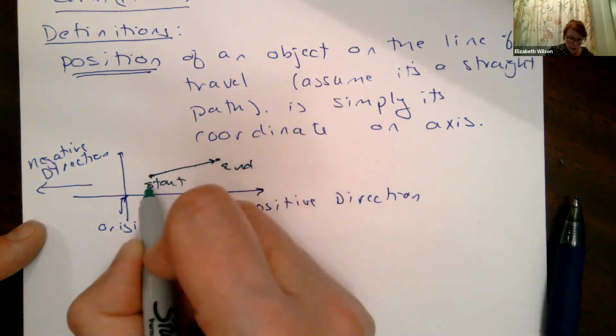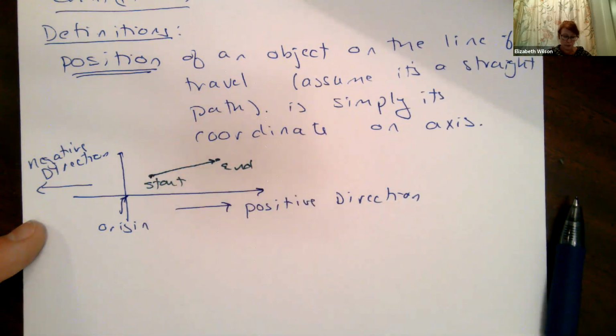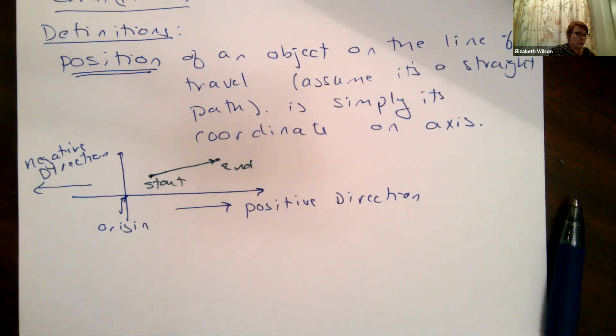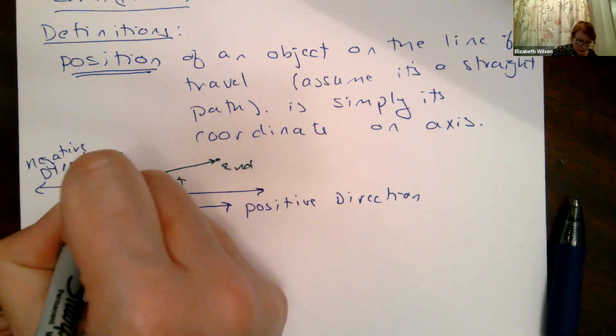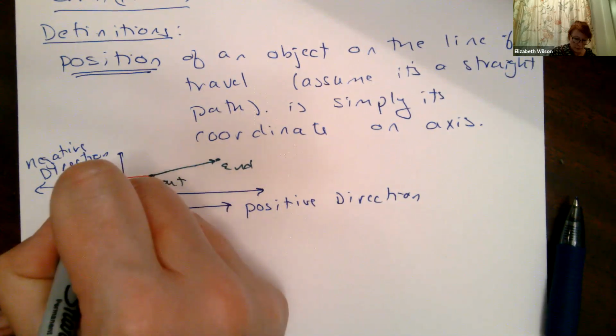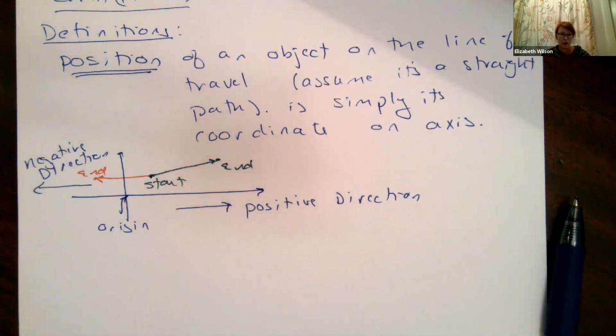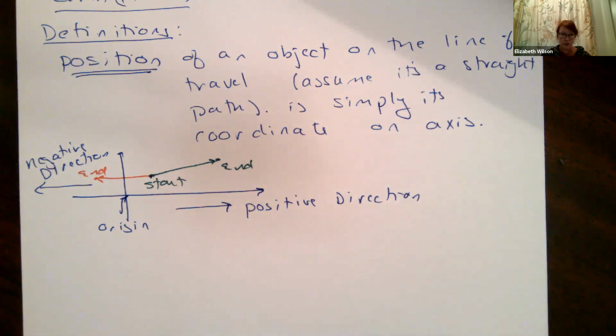So this is my start position, this is my end position. But I could also start here and I could end here. So my ending position is going to be negative, but it just means that's where we are in relation to our coordinate on the axis. So for position.